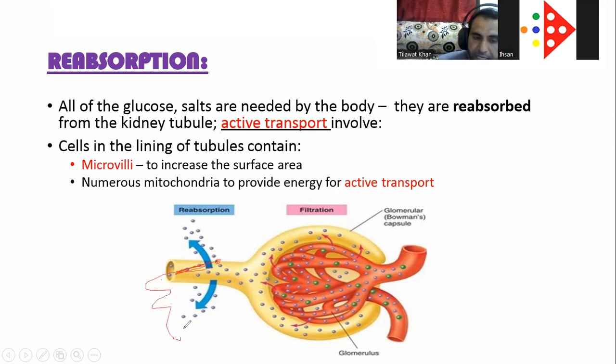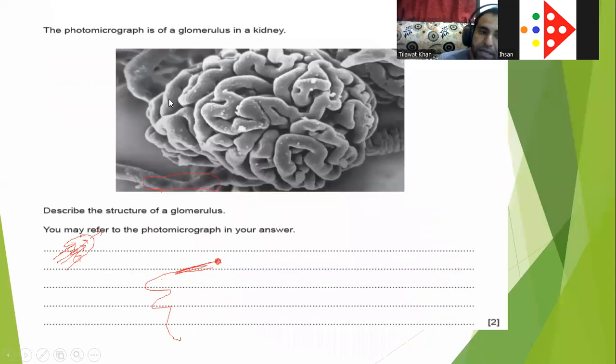If you take one cell from here, you will see finger-like projections that increase the surface area for absorption, so more material is absorbed back into your body. The cell also contains mitochondria, which provide energy for active transport, because glucose and amino acids are reabsorbed by active transport.